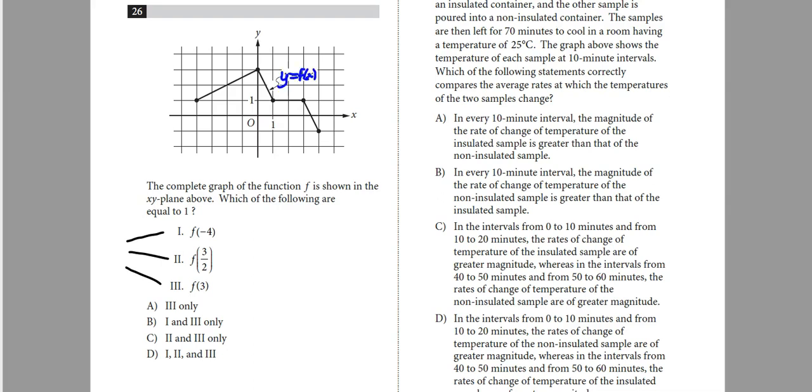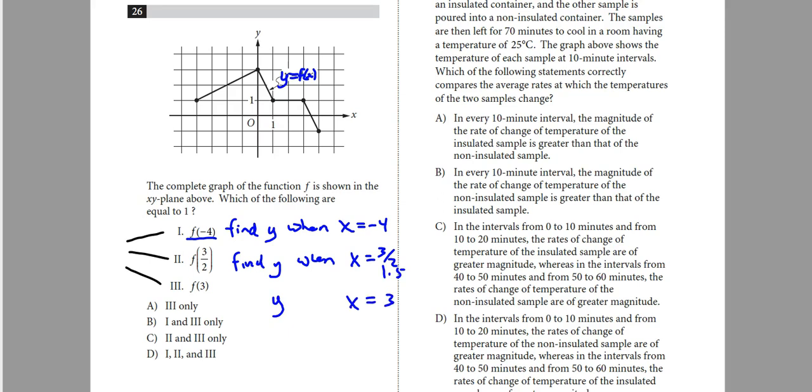Those two are interchangeable. So when they want to know what f of -4 is, that basically says, find y when x equals -4, or find y when x equals 3/2 or 1.5, or find y when x equals 3. That's what we're trying to do. So let's go find these y's. When x equals -4, it looks like y does equal 1.